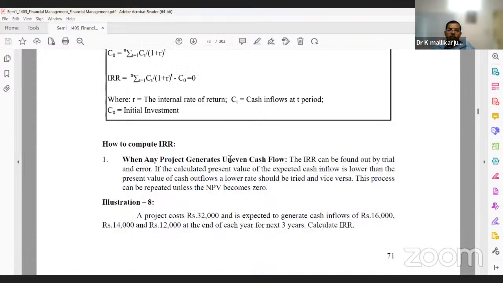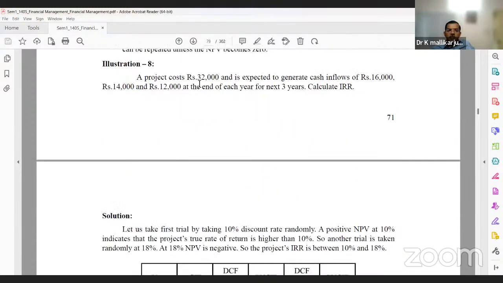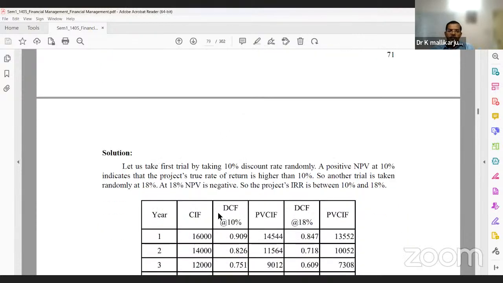If there are two projects with uneven cash flows, we will see that. Here a project costs 32,000 and is expected to generate cash inflows of 16,000, 14,000, 12,000 in the next 3 years. Calculate IRR. Let us assume a percentage.